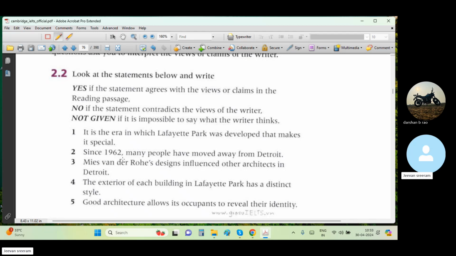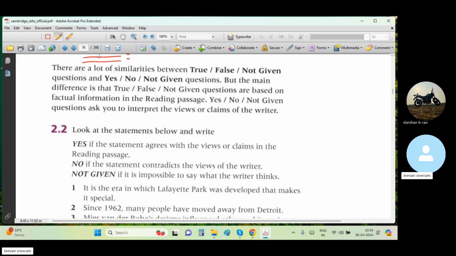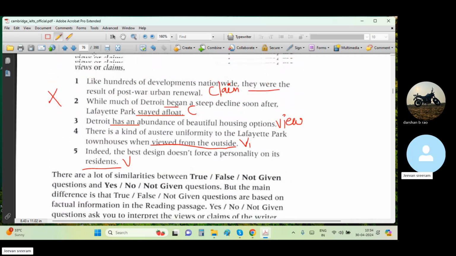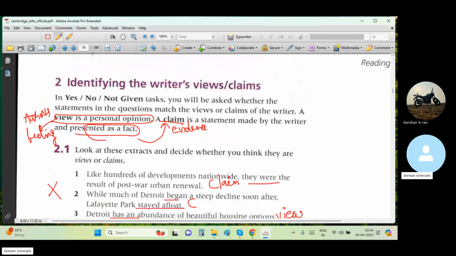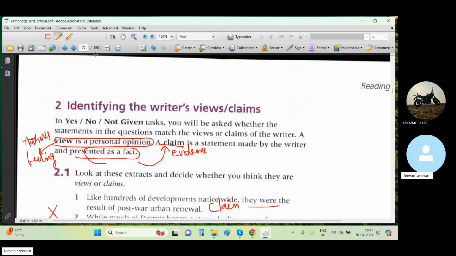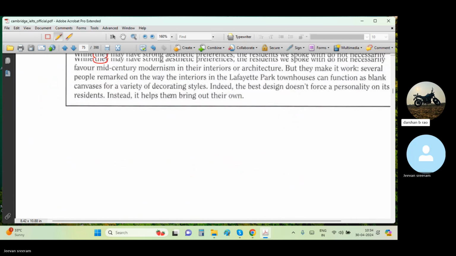What is actually the reason making Lafayette Park special? It's the design. Designed by world class architects. Unlike any other developments, the Lafayette Park townhouses were built by a trio.